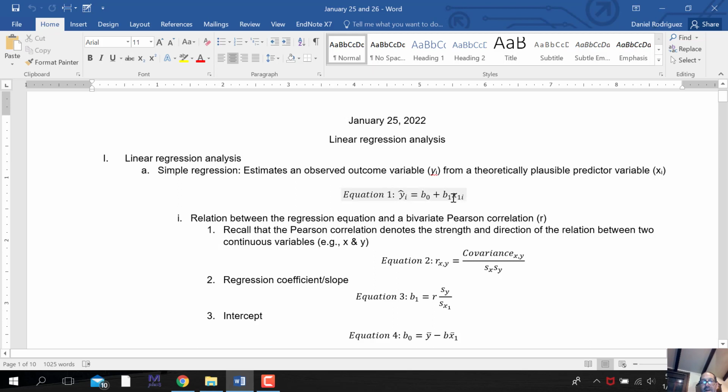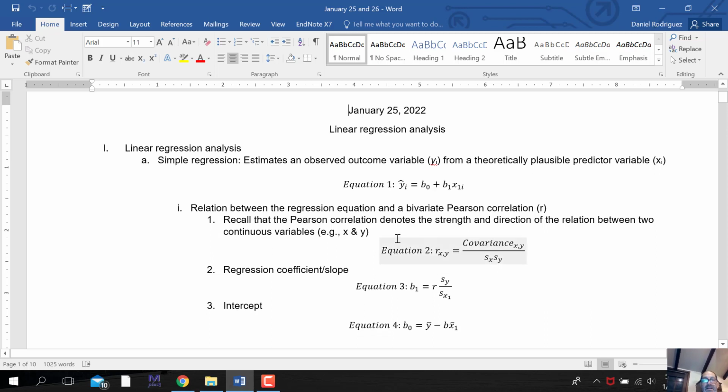The b sub 1 is your slope value. You probably remember slope is rise over run, or gradient, whatever you want to call it. So this indicates how the predictor is related to the outcome. So if a predictor is 0, then the best estimate of y would be just the intercept value. So let's keep that in mind.